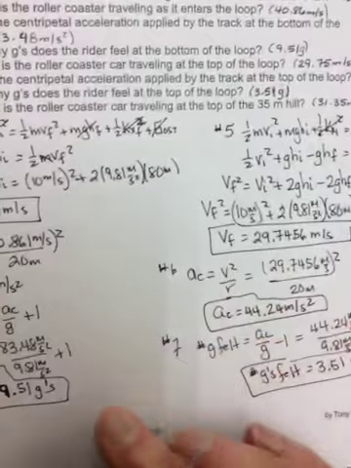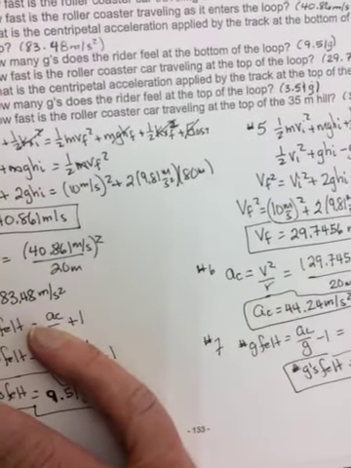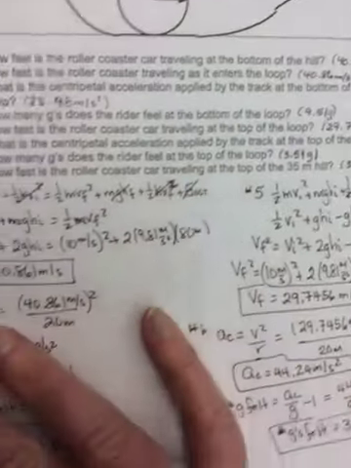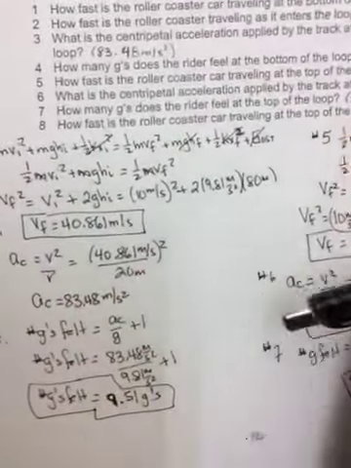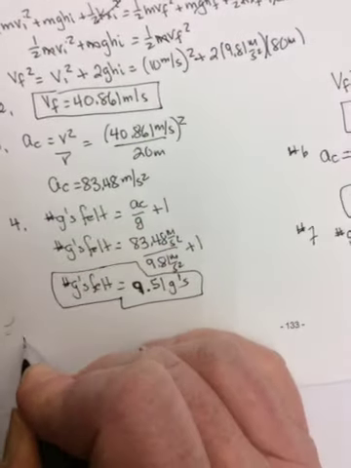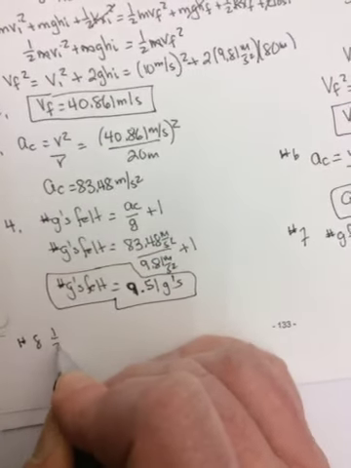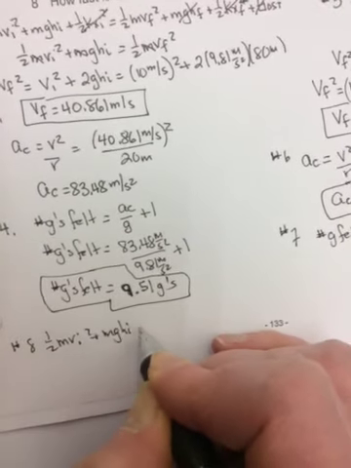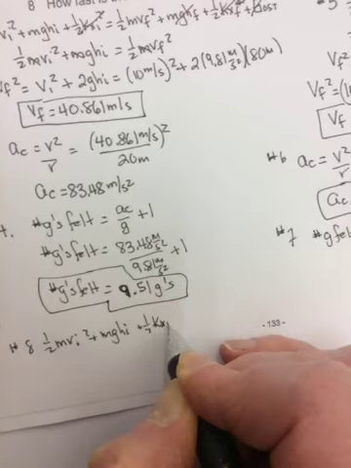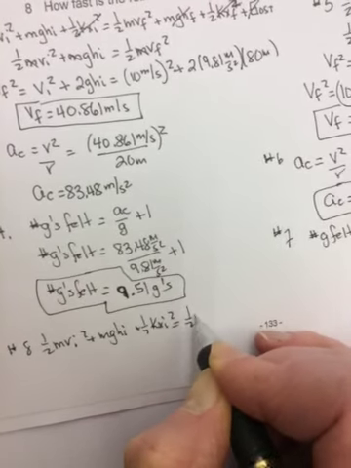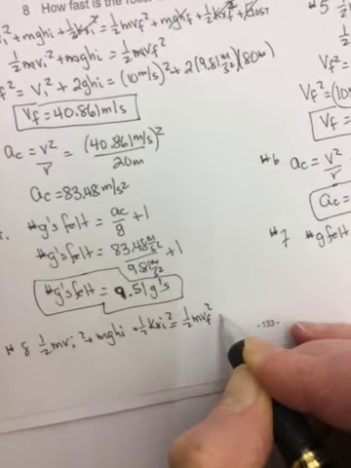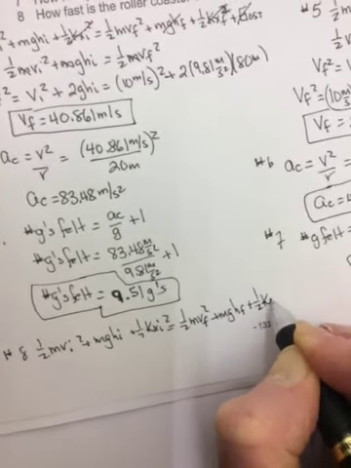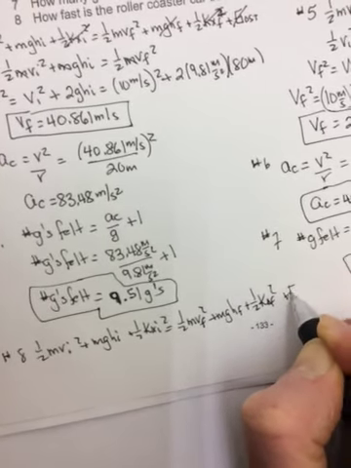Okay? And then the last one, running out of room, wants to know how fast is the roller coaster car going over here. So again, it's going to be energy. So again, you would do, so what is this? Number 8, 1/2 mv initial squared plus mgh initial plus 1/2 kx initial squared equals 1/2 mv final squared plus mgh final plus 1/2 kx final squared plus E lost.